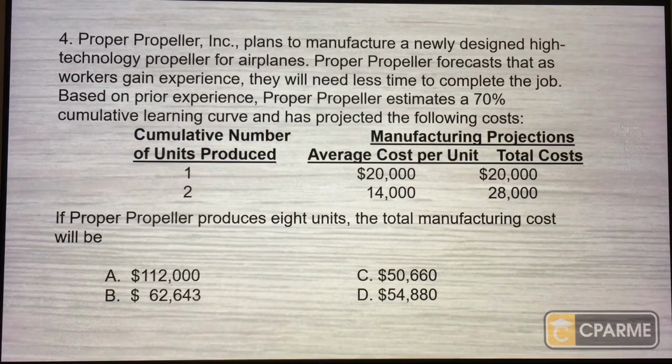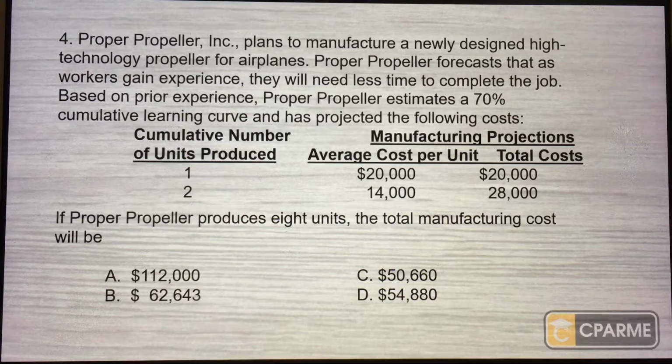Based on prior experience, it estimates a 70% cumulative learning curve and has projected the following cost. For cumulative units produced 1, the average cost per unit is 20,000 and the total cost is 20,000. For 2 units, the average cost per unit is 14,000 and the total cost is 28,000.